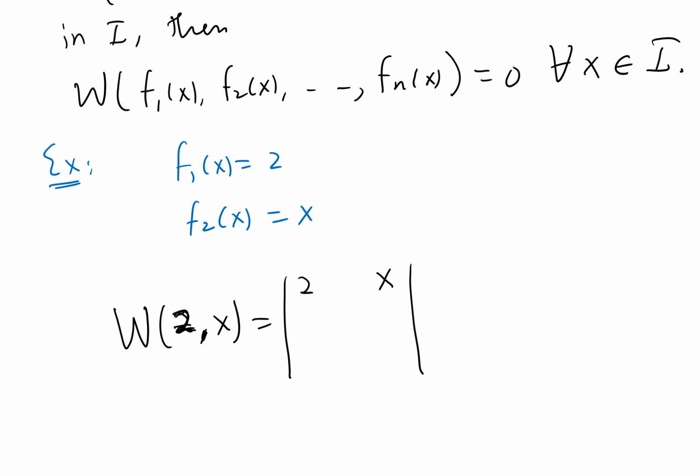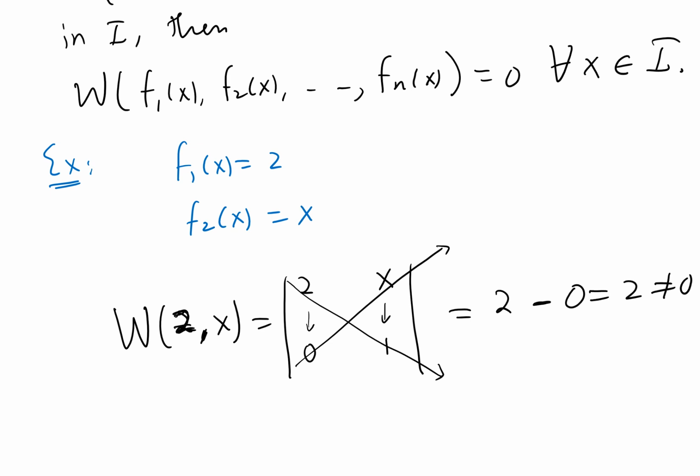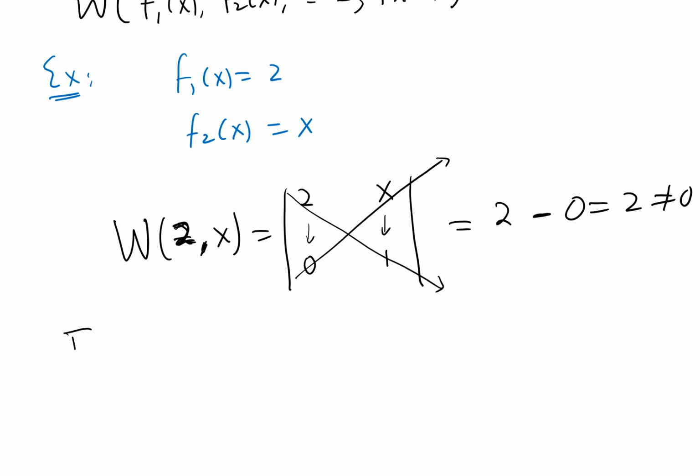Three functions, you can do two derivatives. So it's only one derivative. Derivative of 2 is 0, derivative of x is 1. Now the determinant is you multiply 2 by 1, minus this by this 0. So that gives us 2, which is not 0. Since the Wronskian is not 0, we can say f1 of x and f2 of x are linearly independent.